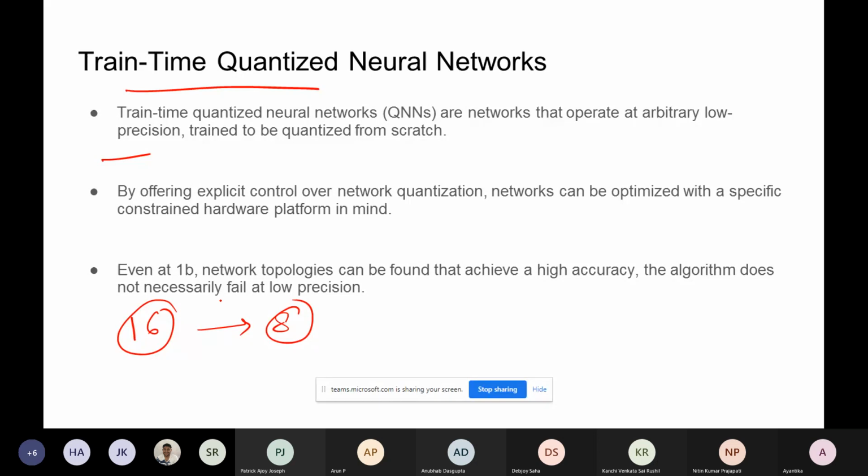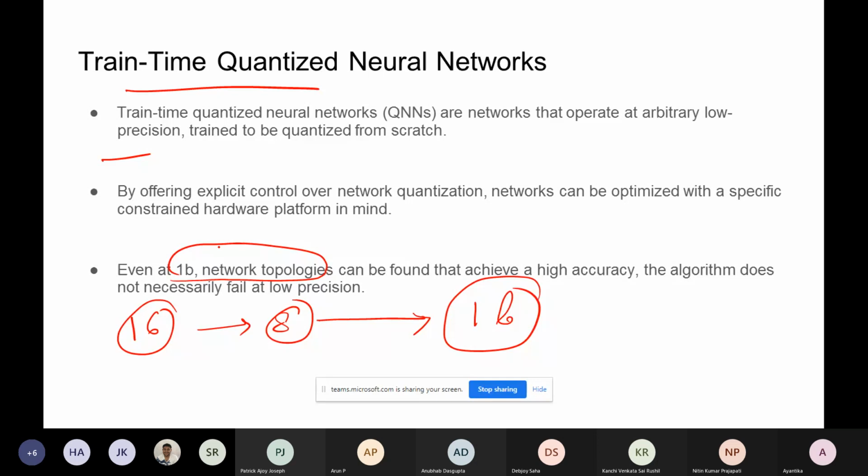Now 16 to 8, even I am telling, we can do the same thing in 1 bit also. At the end of our discussion, maybe that will be our last discussion, we will talk about this 1 bit network topology. 1 bit CNN network topology, how it works, what is the accuracy, and what is the practical application.